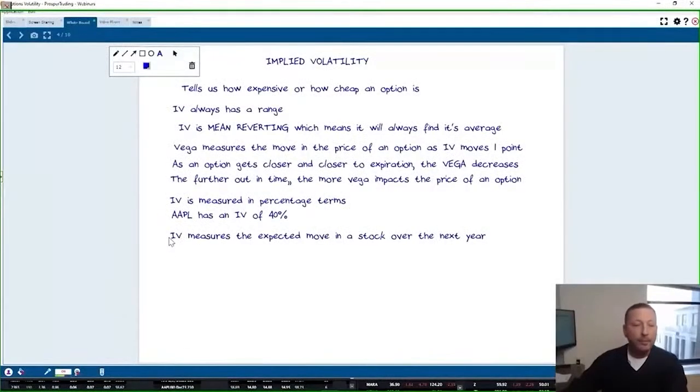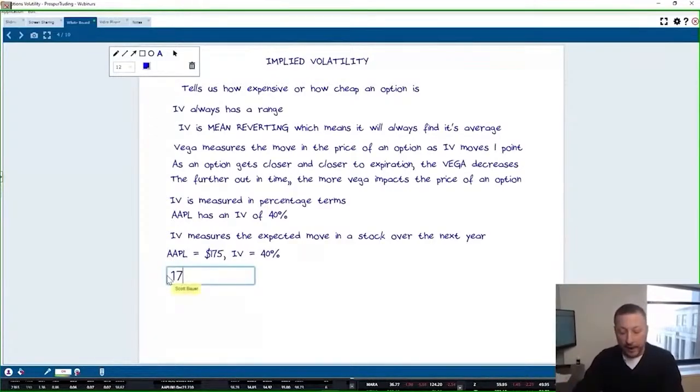So in this example, Apple was trading 175 and the IV was 40%. If I do some simple math here and take 175 times 40%, I get $70.